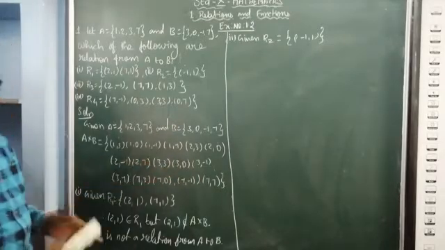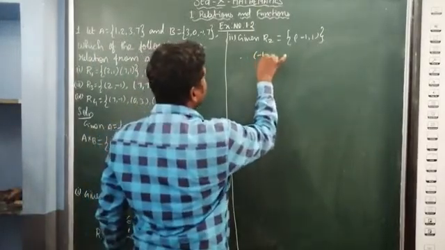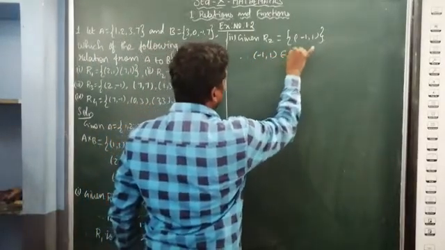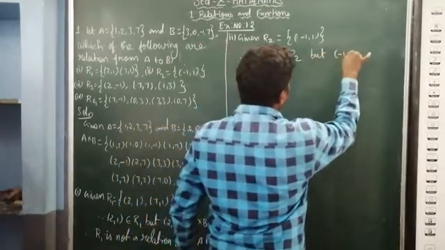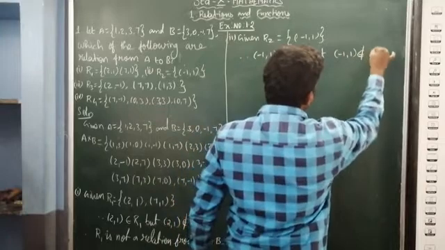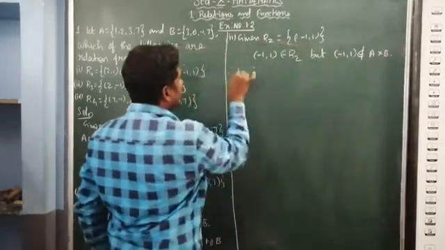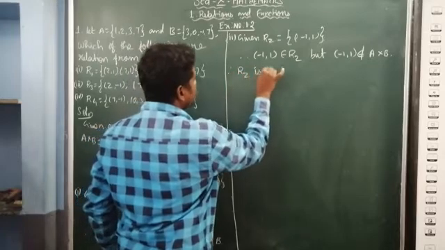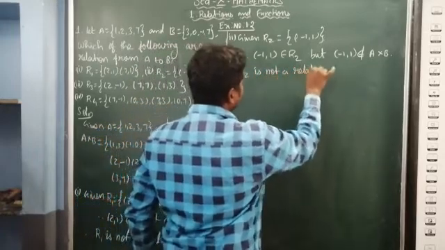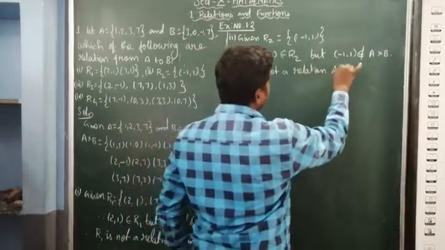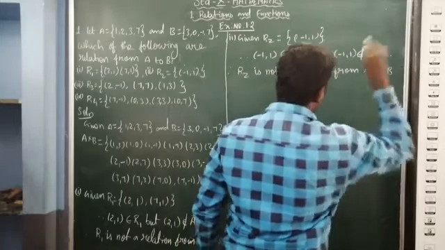No. Therefore (-1,1) belongs to R2 but (-1,1) does not belong to A cross B. Therefore R2 is not a relation from A to B.